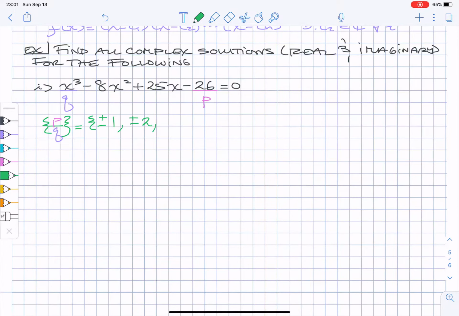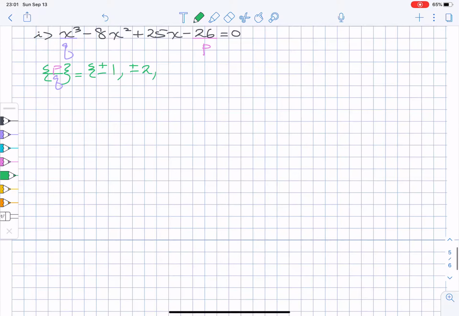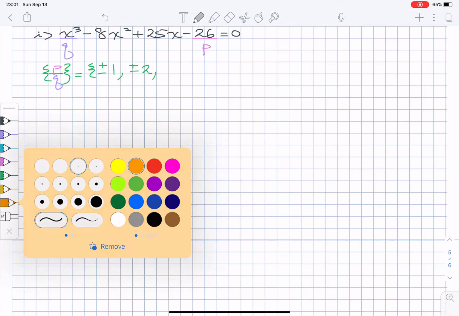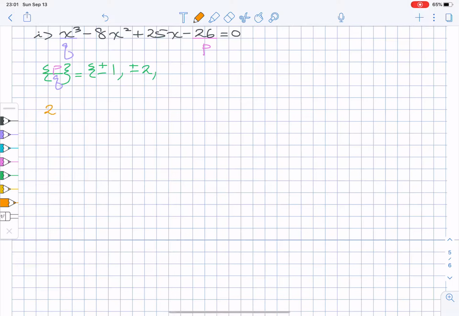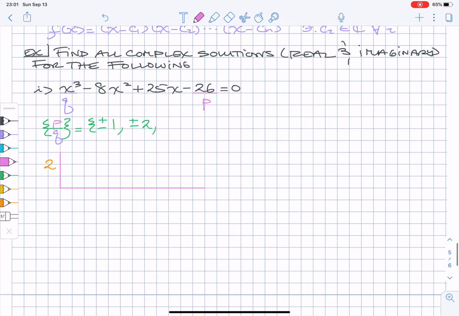Okay, if I try 2, I wonder if that'll work. So I'm going to just go ahead and try it right away. I always can do 1 by sight. 1 is always the easiest one. No pun intended. Okay, so let's do our coefficients: 1, negative 8, 25, and negative 26.